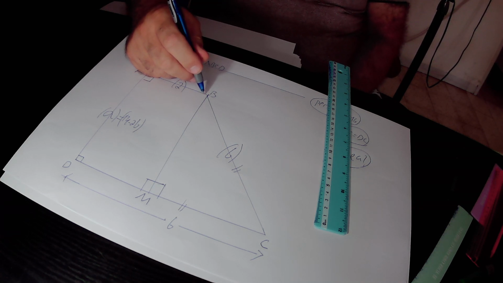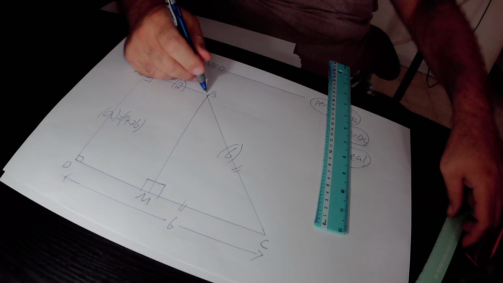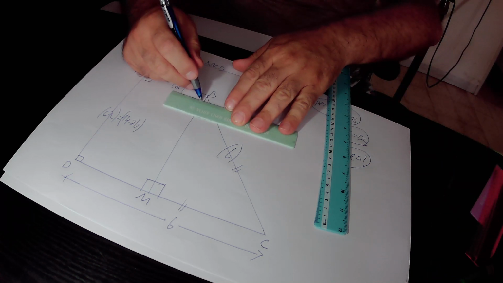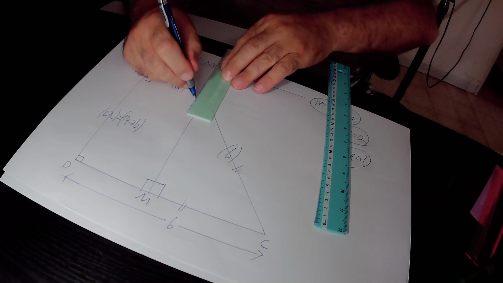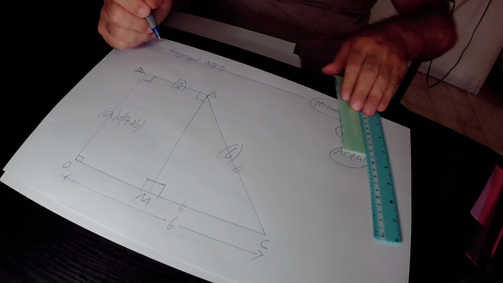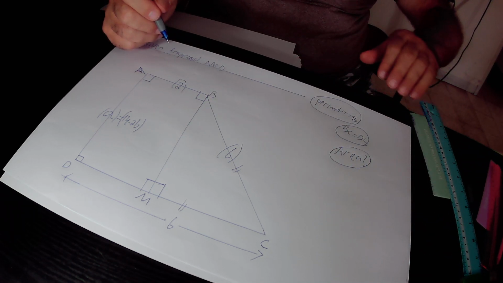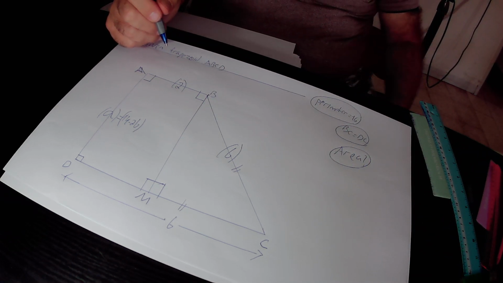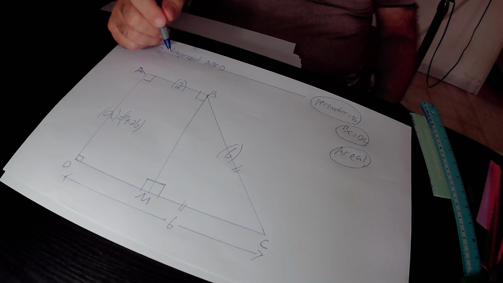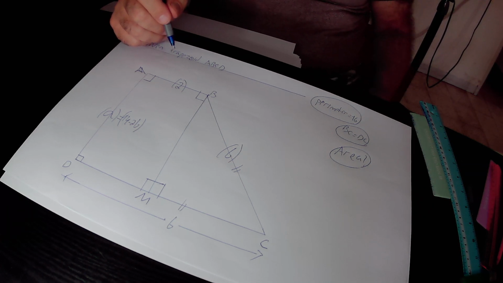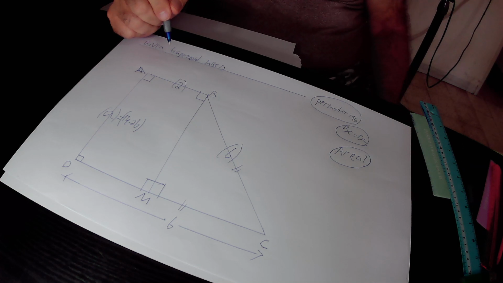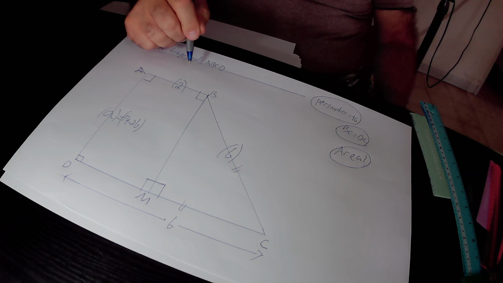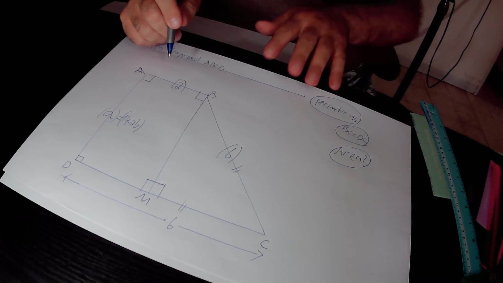Therefore, this fourth angle must be equal to 90 degrees. So inside quadrilateral ABMD, we have 4 right angles. And according to rule 5, any quadrilateral that has 4 right angles must be a rectangle if not a square. So we relate to this quadrilateral ABMD as a rectangle, because it has 4 right angles.